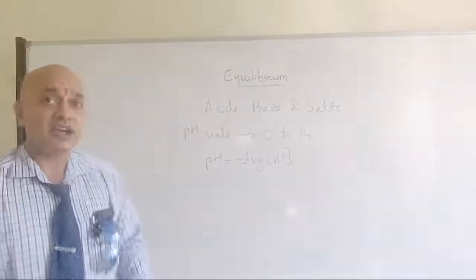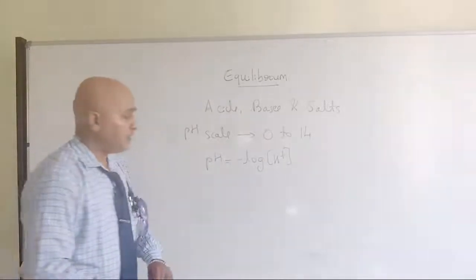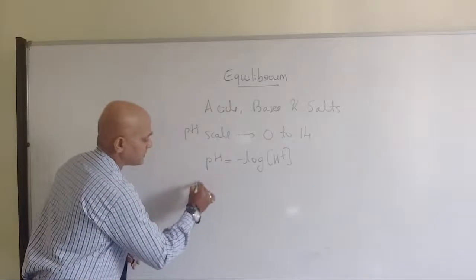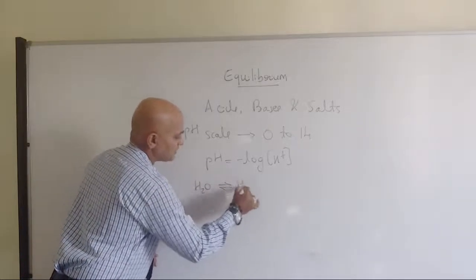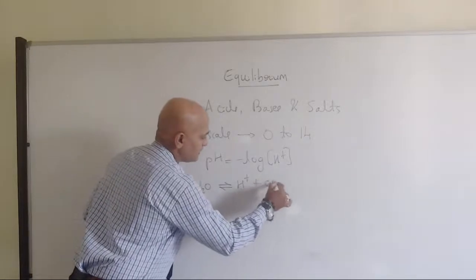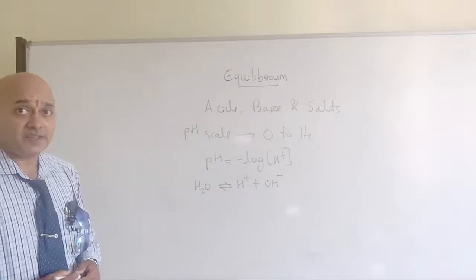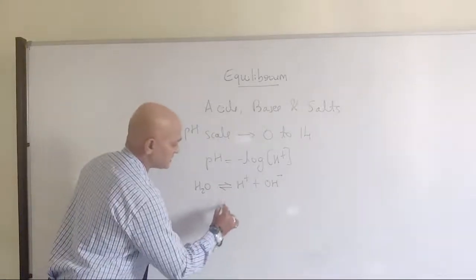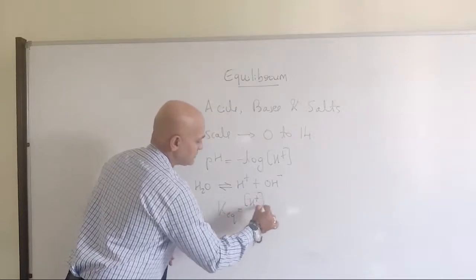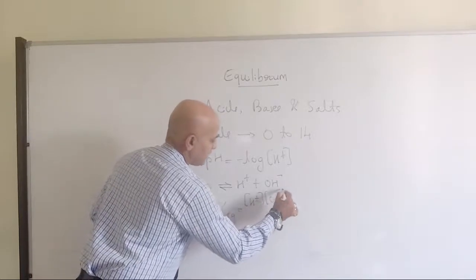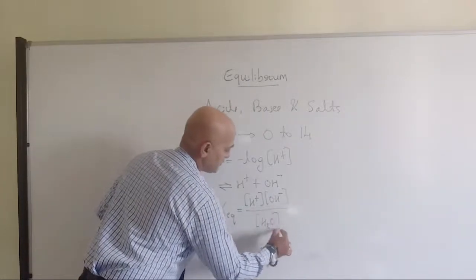Now in the last class I was telling why it is 0 to 14. Now if I take water, hydrolysis of water gives H plus and OH minus. Now if I apply the equilibrium constant for this, K equilibrium is equal to H plus OH minus divided by H2O.